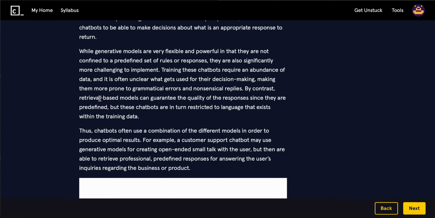By contrast, retrieval-based models can guarantee the quality of the response since they are predefined, but these chatbots are in turn restricted to language that exists within the training data.